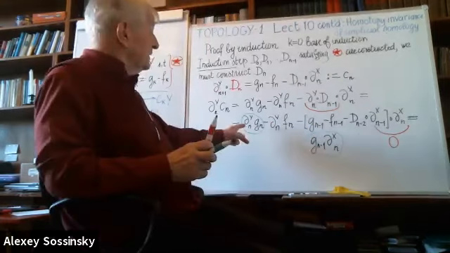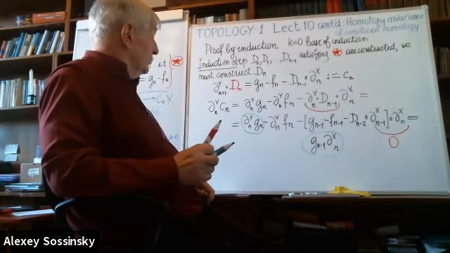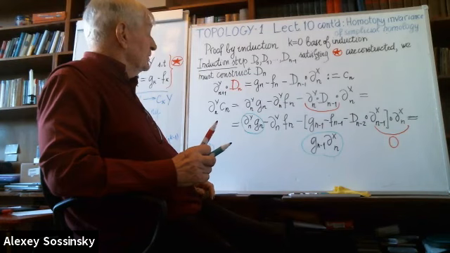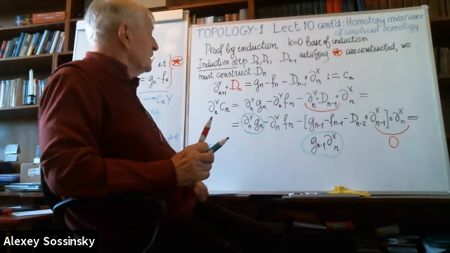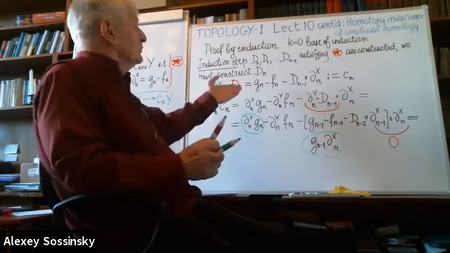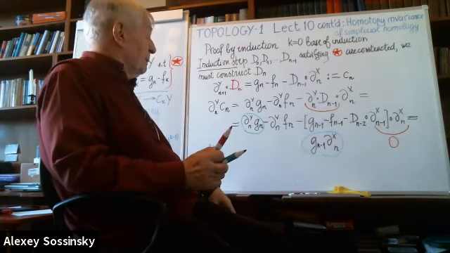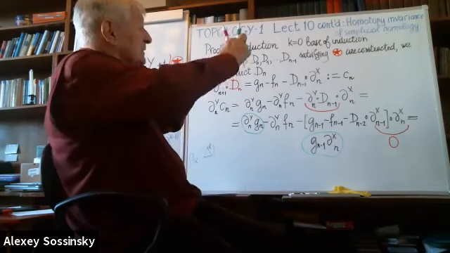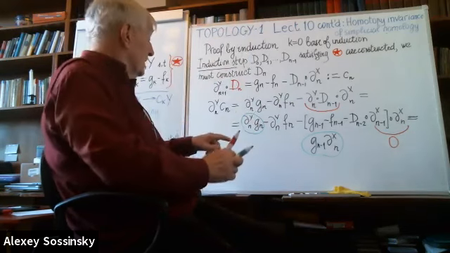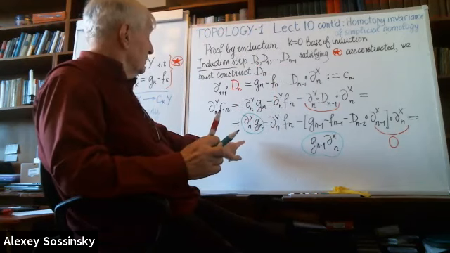Well, I claim that they're equal, because if you look at the diagram, which unfortunately I was not able to leave on the board, of the chain morphisms, we have a commutative square.